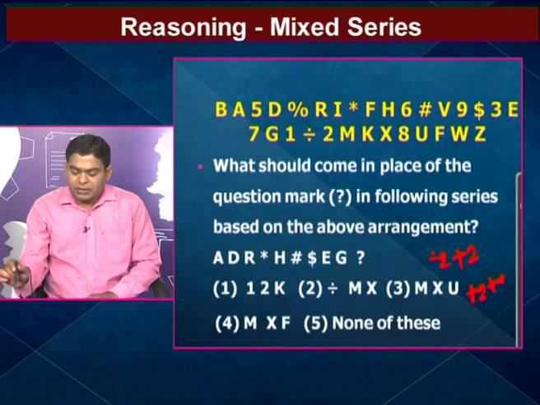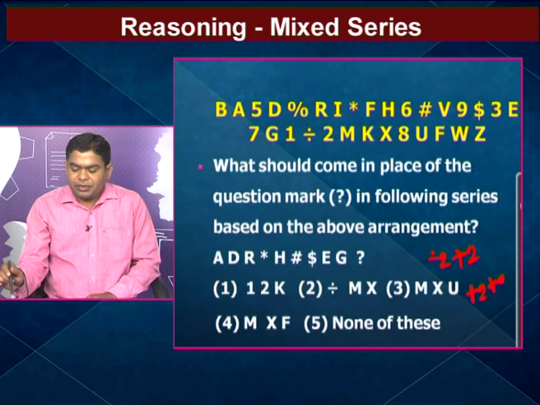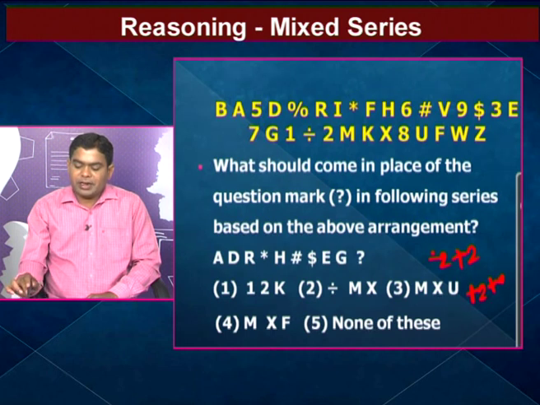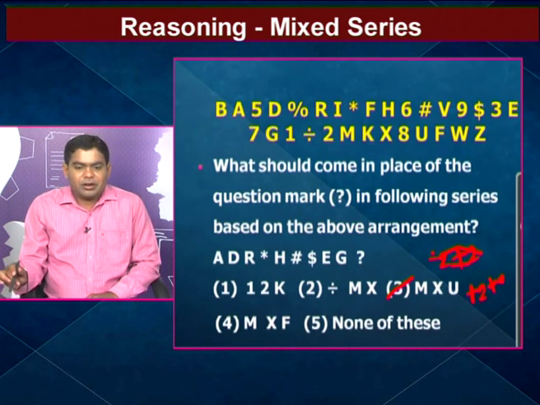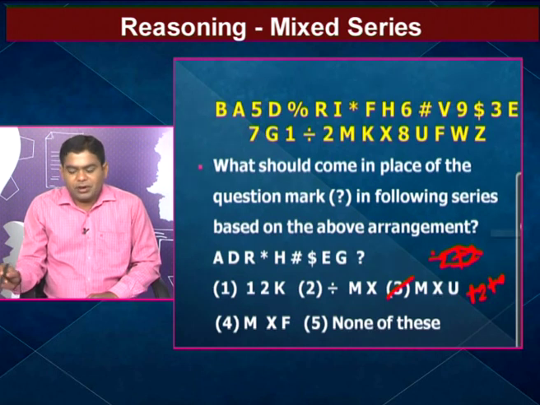So according to our question paper, which one is followed? The answer is M, X, U. So here M is followed by the second element X, X is followed by U. So by observation, the third option is the correct answer. That means in our question, one element is followed by the second letter, that element is again followed by the second letter.